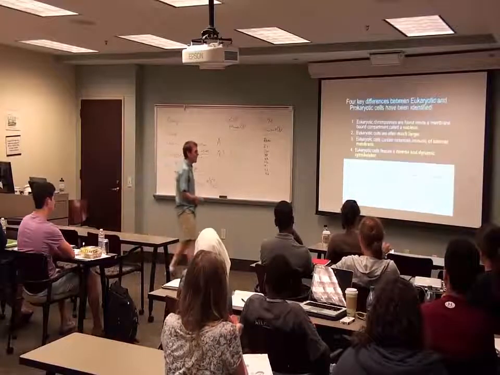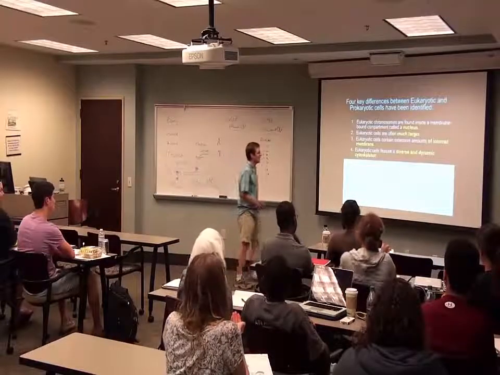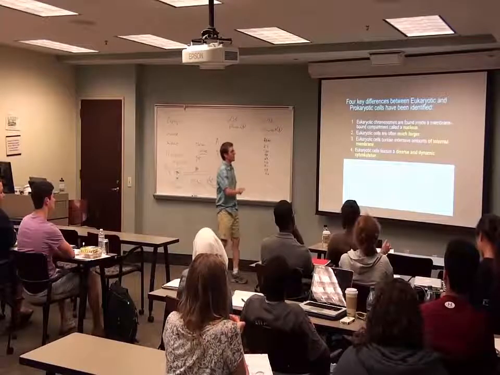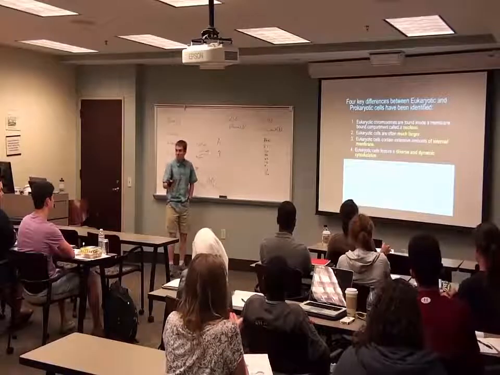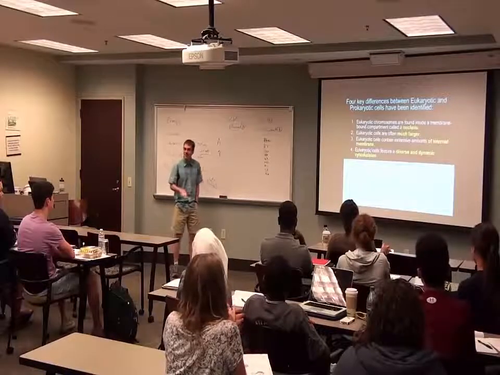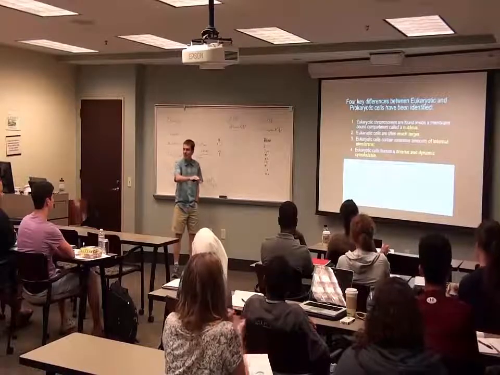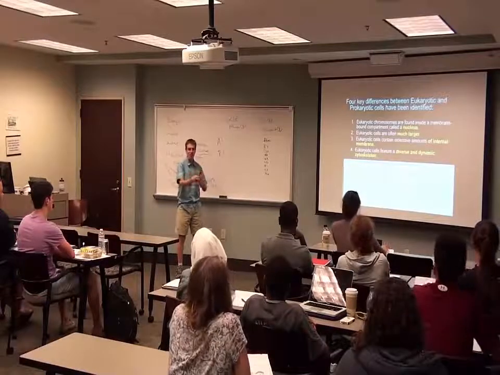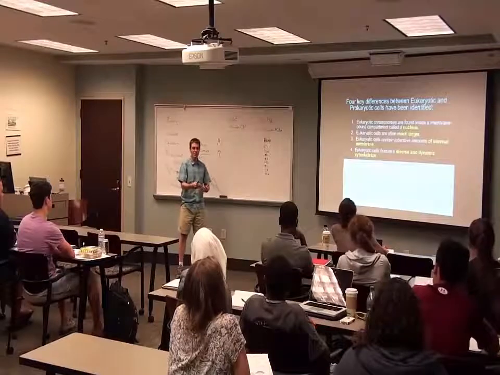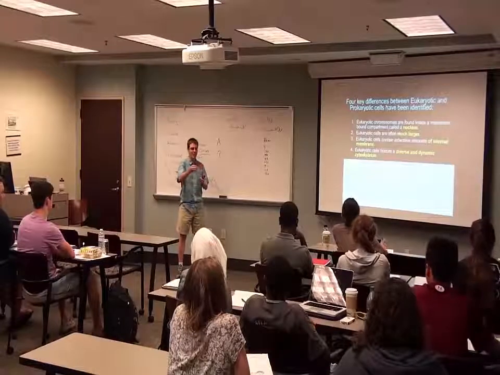Okay, so we can do some more bio. Here's some key differences between eukaryotic and prokaryotic cells. Now, something to keep in mind is, remember at the very start when I told you the objectives, and I said I want you to be able to draw a prokaryotic cell. The purpose being I would like you to be able to put it all together and draw one.